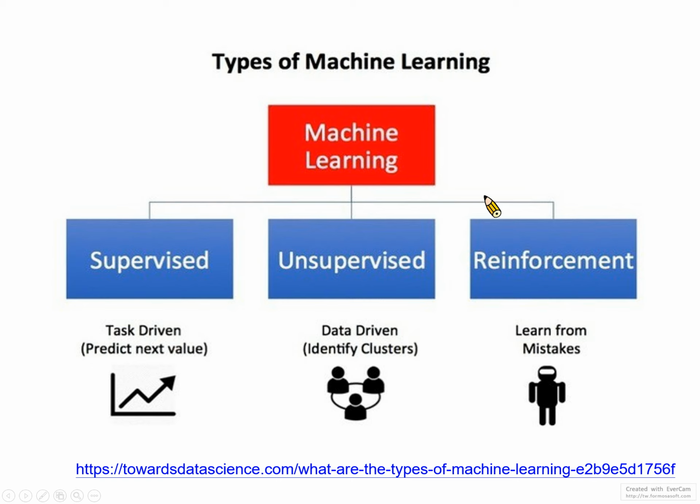Okay, so I want to recap the methods we have introduced in the previous lessons. Basically, machine learning can be divided into supervised learning, unsupervised learning, and also reinforcement learning. The last type of machine learning is quite similar to humans. We all learn from mistakes. If we can improve the machine learning model by learning from mistakes, that would be very powerful.